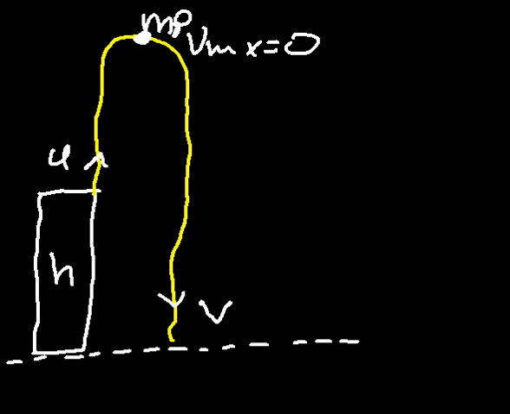Now, what is the time it takes for the object to go from the top of the building to the highest position? As we already discussed, this is said to be Tmax. That's the time it takes for the object to move from the top of the building to the highest position.